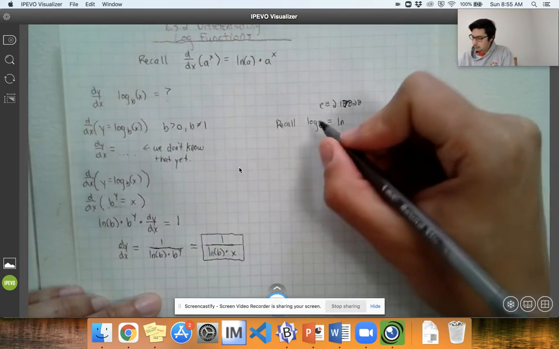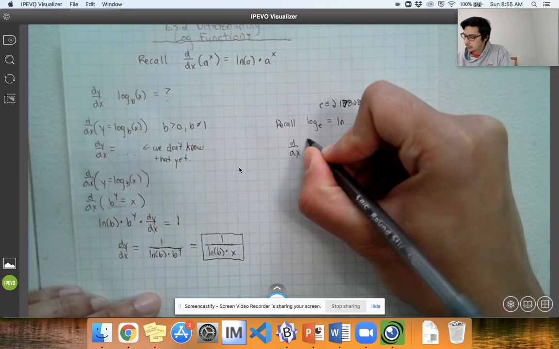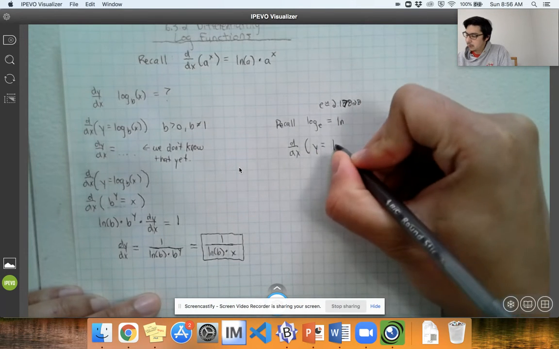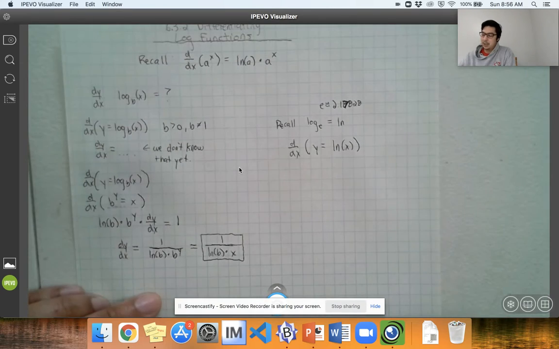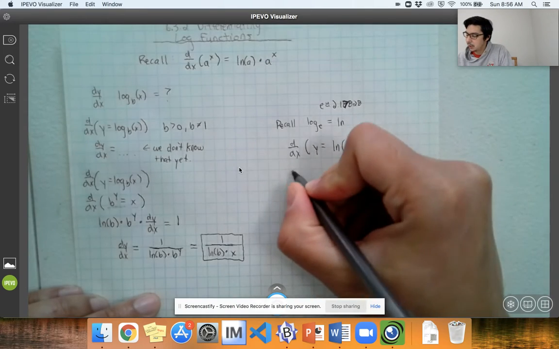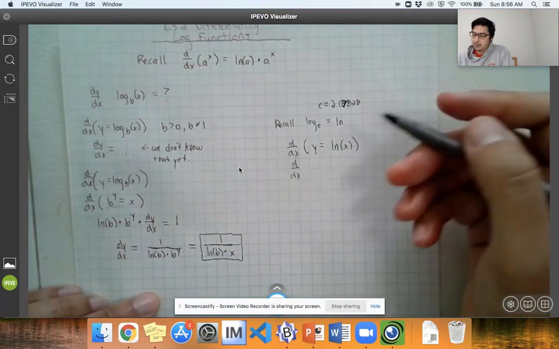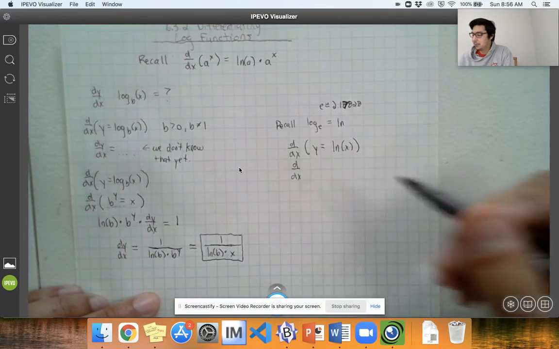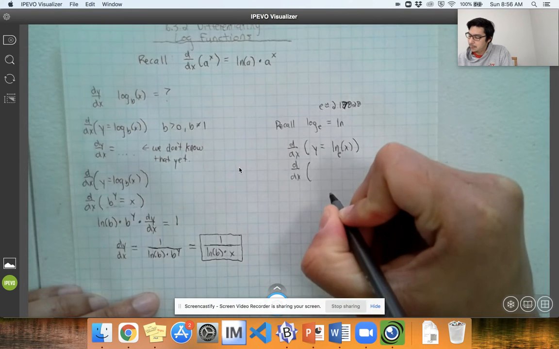So now, what's the derivative of y equals natural log of x? Doesn't change much. We're going to rewrite this because we don't know it yet, per se. We're wondering, can we do the same as a log? Let's find out. Remember that this is base e, always.